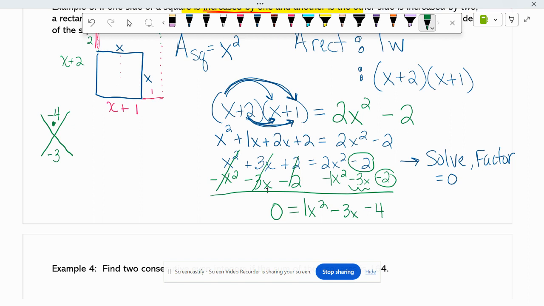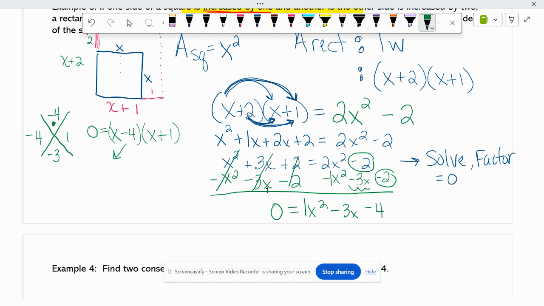You're close. Yeah, negative 4 and positive 1. Good job. So that means 0 equals x minus 4 times x plus 1.